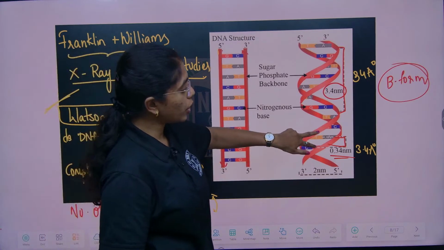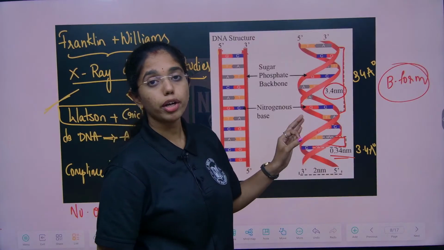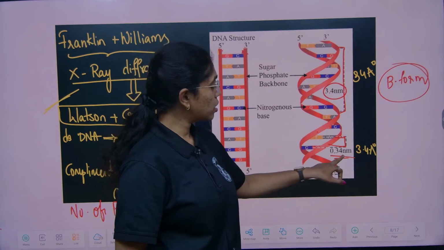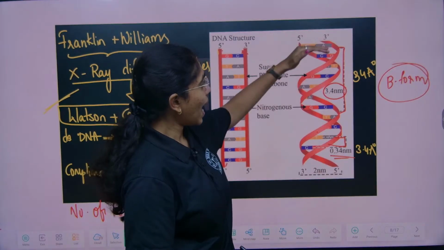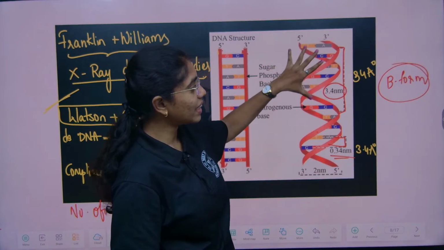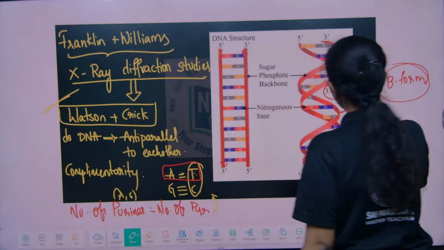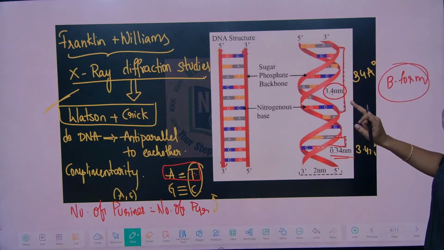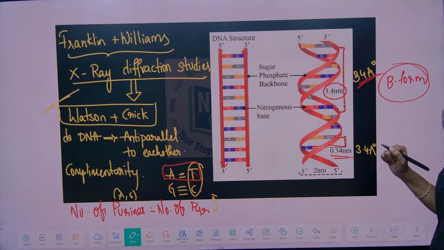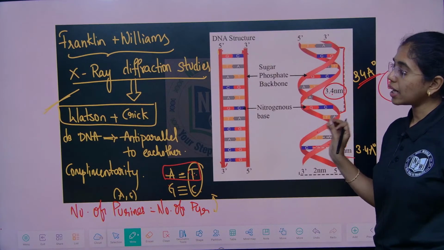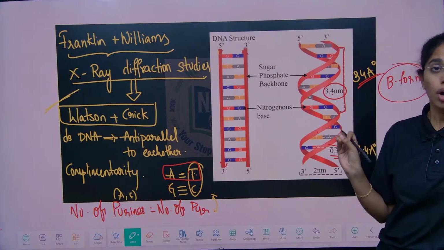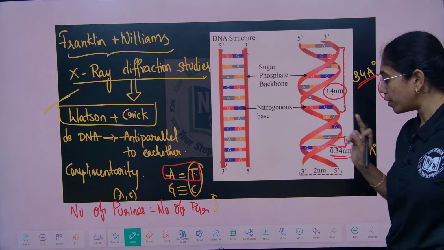The distance between 2 base pairs will be 3.4 angstroms or 0.34 nanometers, and a single pitch or a single turn of stable DNA will have how much length? 3.4 nanometers or 34 angstroms. These are the basic points that you have to know from salient features of DNA.